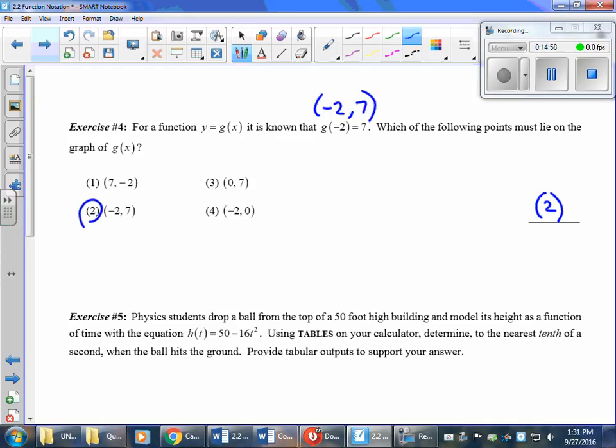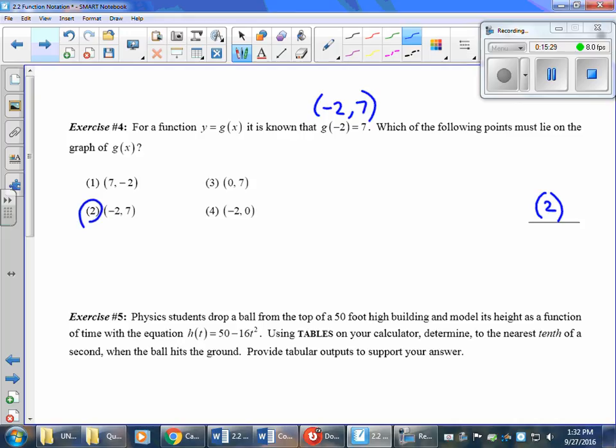Why don't you pause for a minute, try number 5 on your own, and then come back and we'll try and do it together. I actually think number 5 would be a better problem to start our class with.